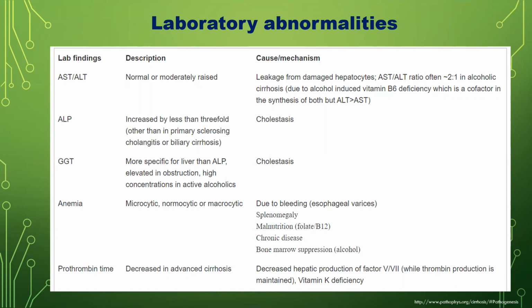Prothrombin time is usually prolonged in patients with advanced cirrhosis due to abnormal synthetic function of the liver. In this case, the level of hepatic production of clotting factors is low due to cirrhosis.